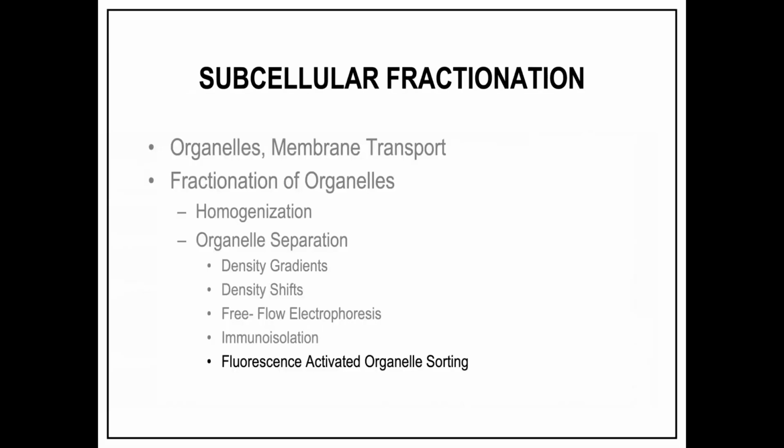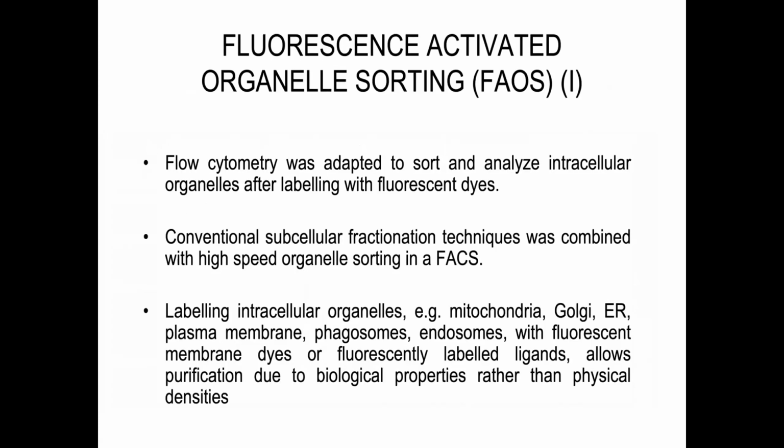Now, finally, I would like to introduce the last technology for today, and this is fluorescence-activated organelle sorting, or FAOS. This is rather smart because flow cytometry can be adapted to sort and analyze intracellular organelles rather than cells.